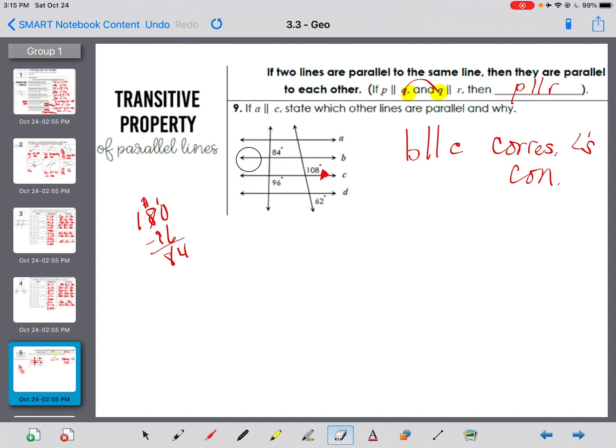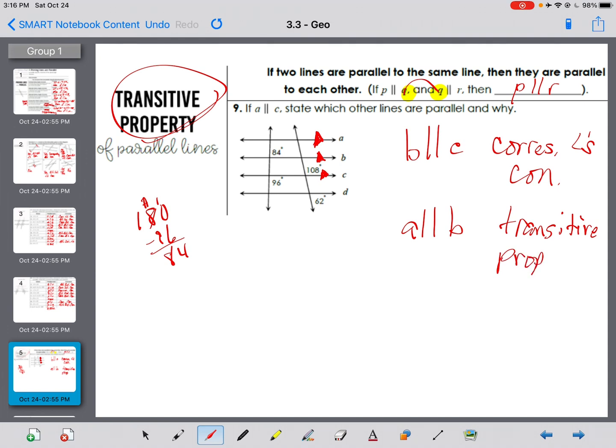Okay, so we know that, oops, I'm deleting my arrow here. We know that this is the case. And if that's the case, we know that A is parallel to B. And the reason that we know that is what is called the transitive property.